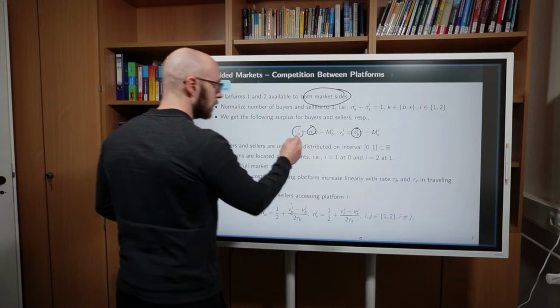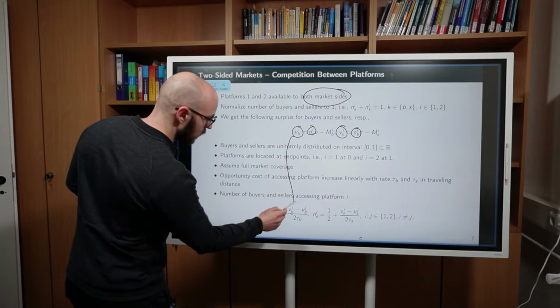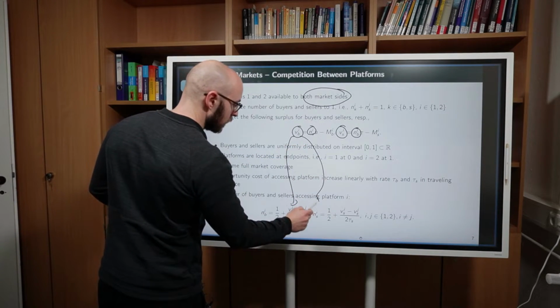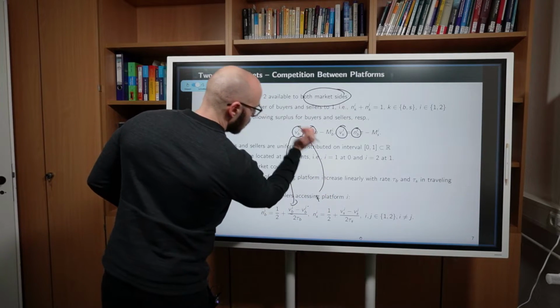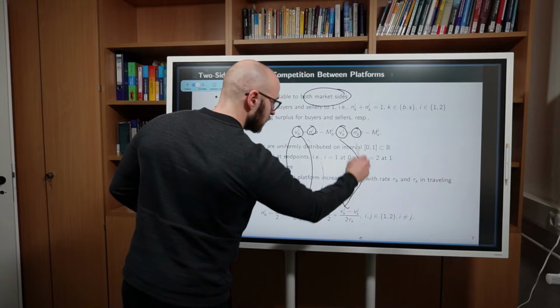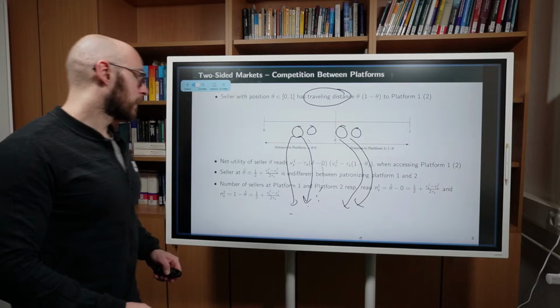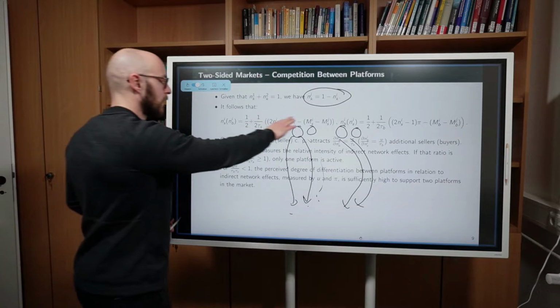Then we take this VIS and VIB and substitute into here. So that's Vj, so you just flip indices, and you do the same here basically. And you then end up with this expression here.